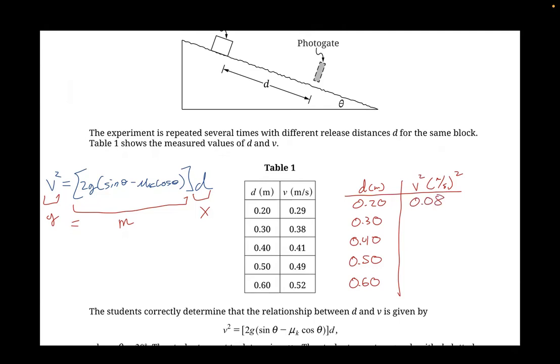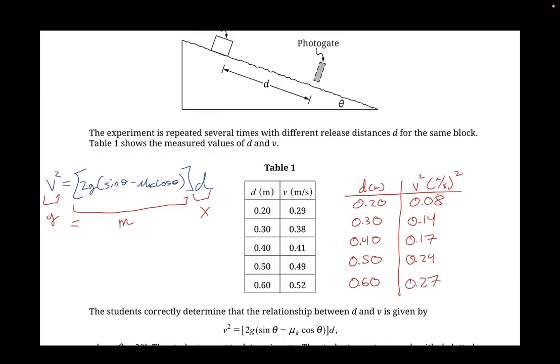Second value is 0.14. The third value is 0.17. Fourth value, 0.24. And then the last one is 0.27.